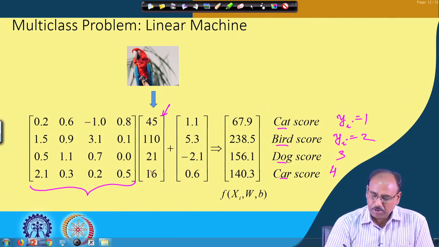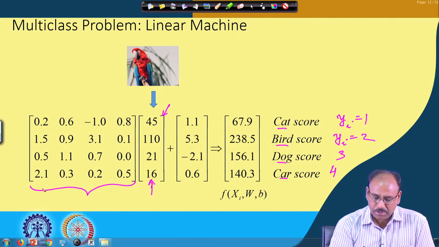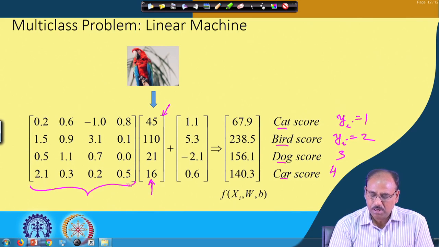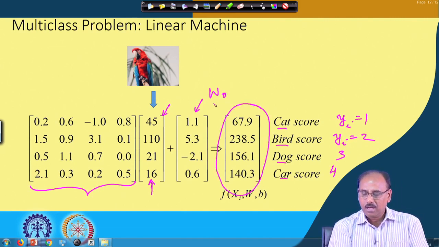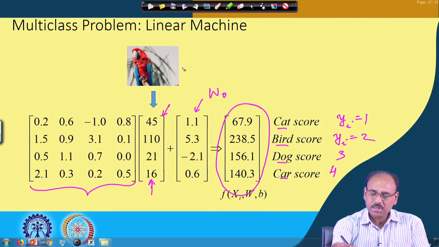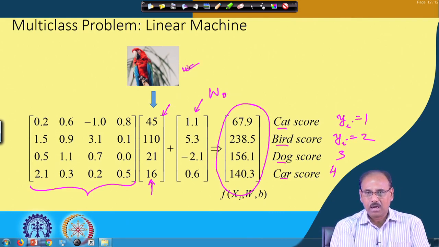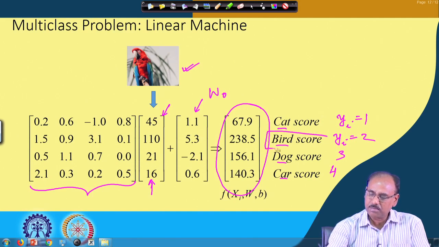So, you find that when you multiply this vector with this matrix W and this is my bias vector W naught, I get this output which is the score. And over here, because this is an image of a bird, you find that the bird score is maximum.